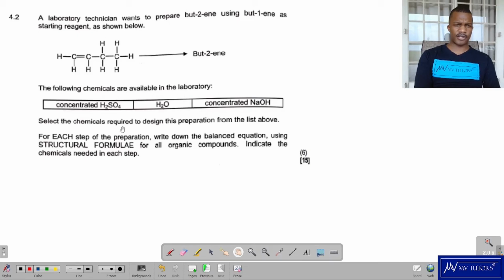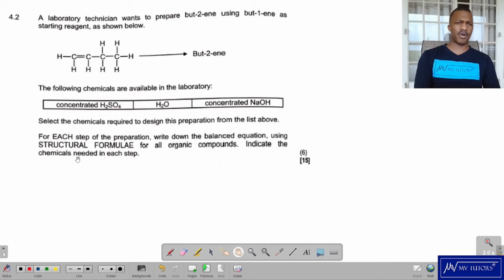Select the chemicals required to design this preparation from the list. For each step of preparation, write down the balanced equation using structural formulae for all organic compounds. Indicate the chemicals needed in each step.